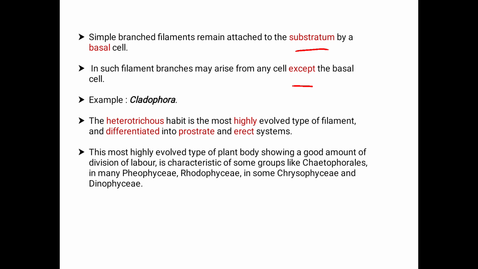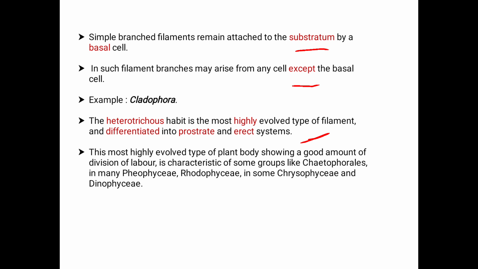An example is Cladophora. The heterotrichous habit is the most highly evolved type of filament, differentiated into prostrate and erect systems. See, this is an advancement. In simple branched, the branch may arise from any cell except the basal cell, but in the heterotrichous, they are highly evolved filaments differentiated into prostrate and erect systems.